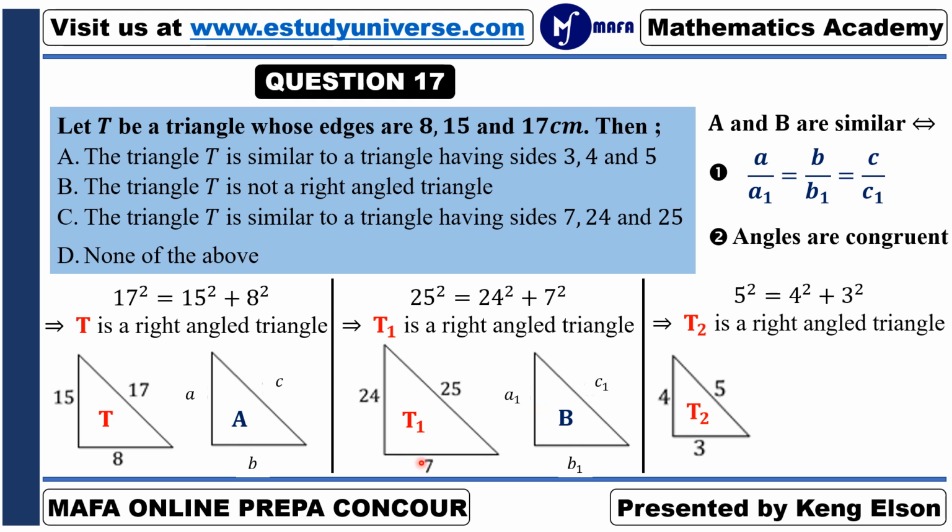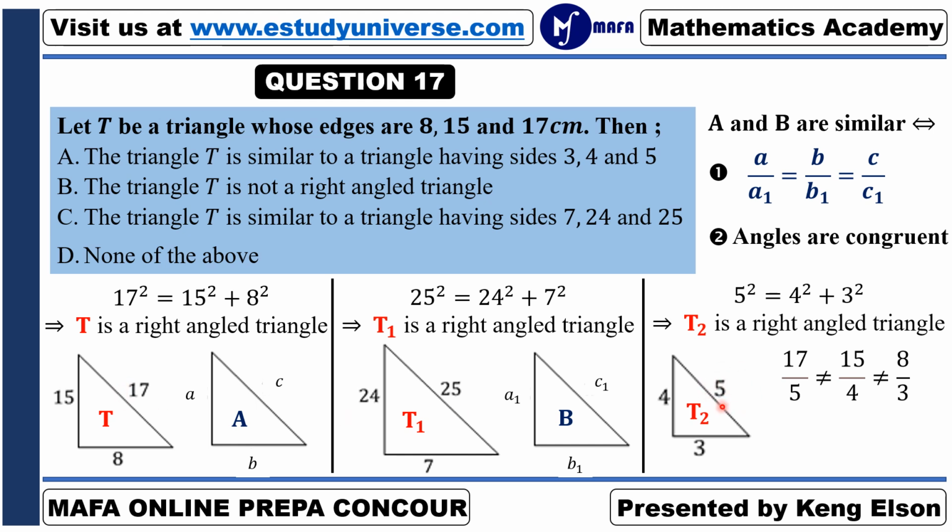So let us begin with the first one, that is option A, which is saying triangle T is similar to T2, right? Let us do the ratio between corresponding sides. 17, the hypotenuse, divided by 5.